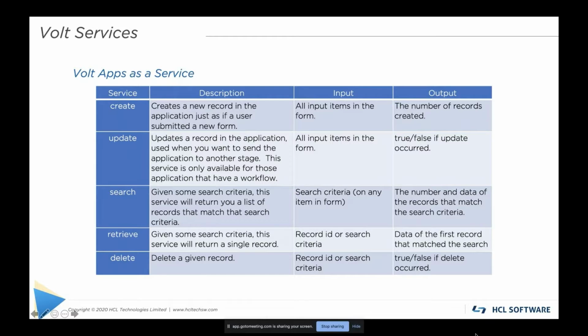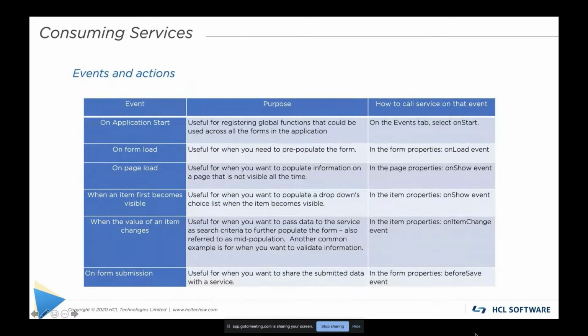An example would be: get employee first name, last name, and address when given the employee ID, versus the search, which says find all employees who have this as their city, and it returns multiple. The nice piece is that every Bolt application you create gets its own set of services that other Bolt applications can interact with.